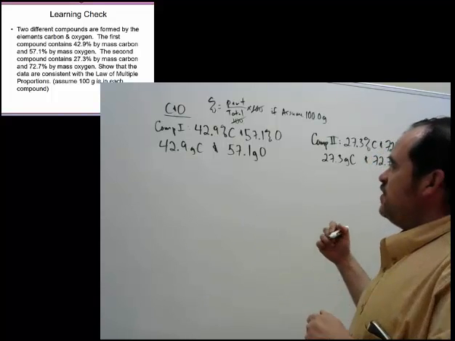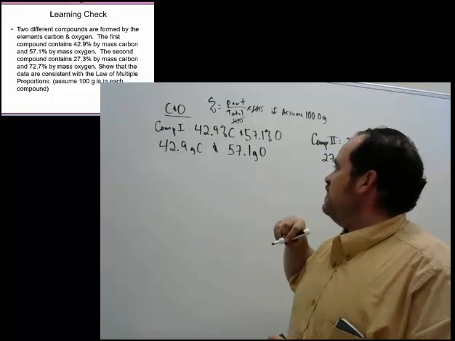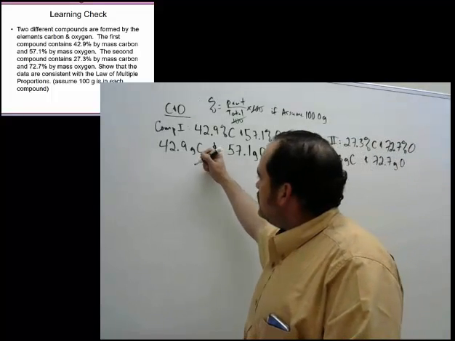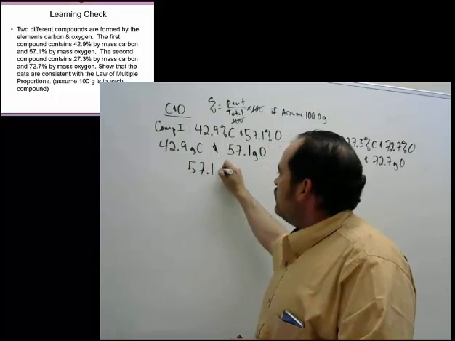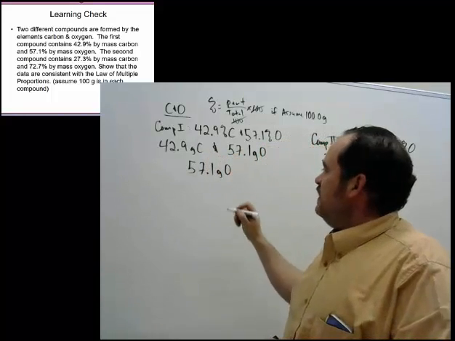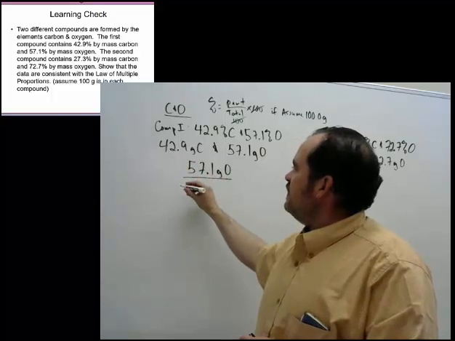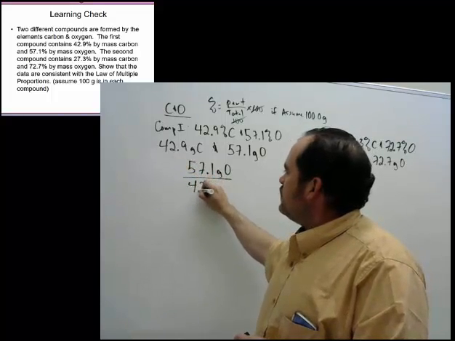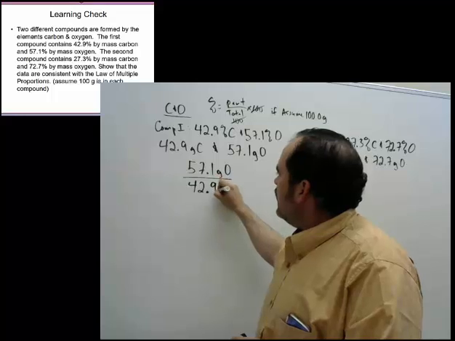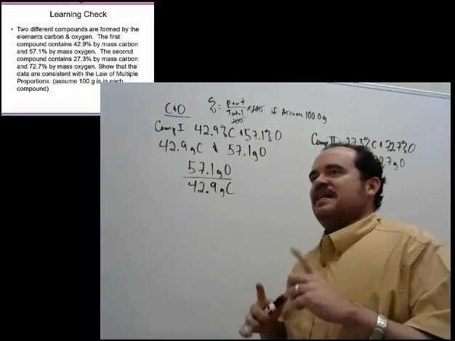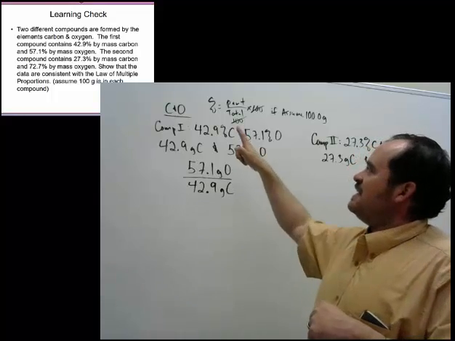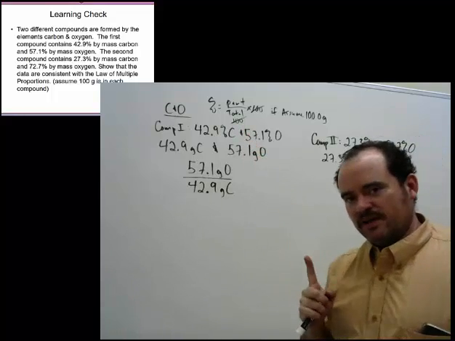So in this case, we take the mass of the oxygen, 57.1 grams of oxygen, divided by the mass of carbon, 42.9 grams of carbon. Remember, the second element in that series will be equal to 1 gram.